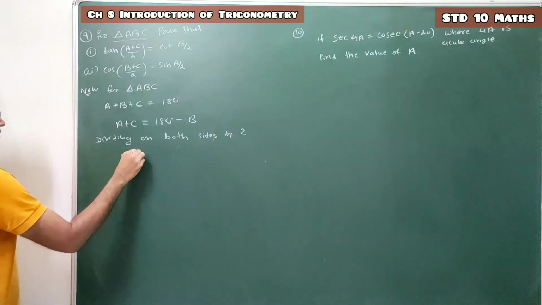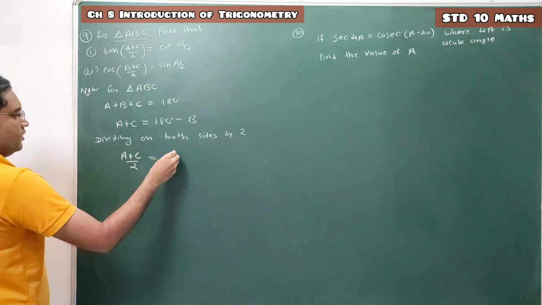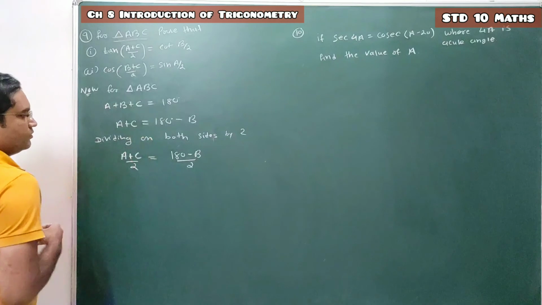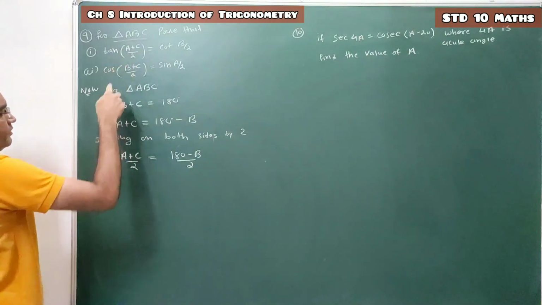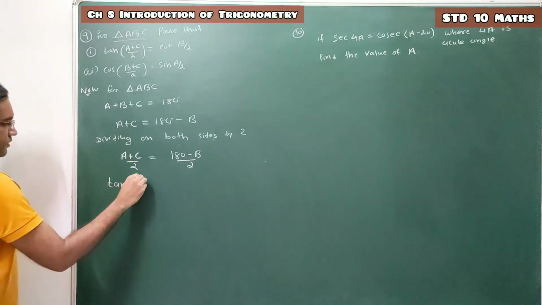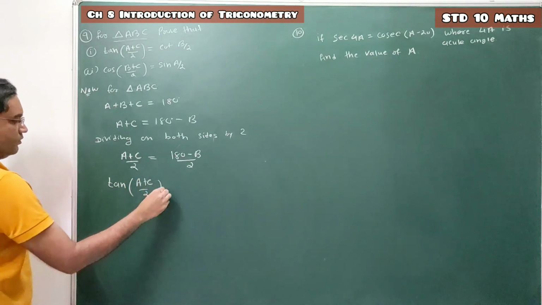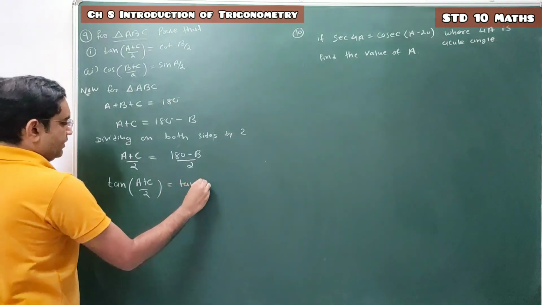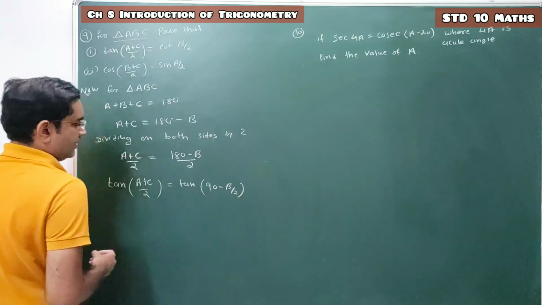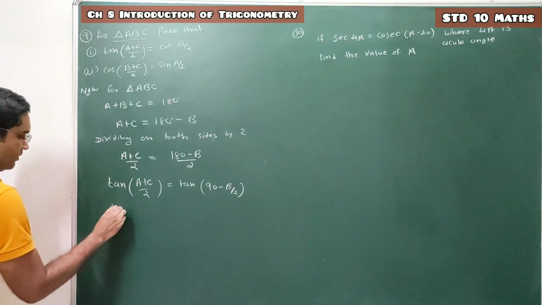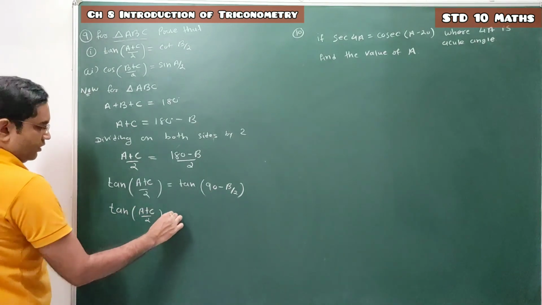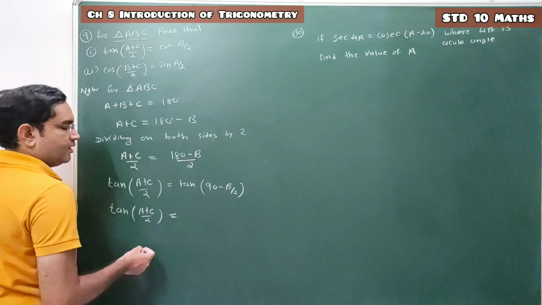So here we are getting A plus C by 2 equal to 180 minus B by 2. Then we require tan, so taking tan, it's tan of (A plus C) by 2 equal to tan of 90 minus B by 2.